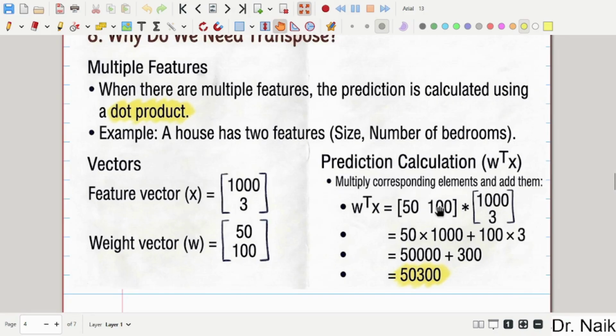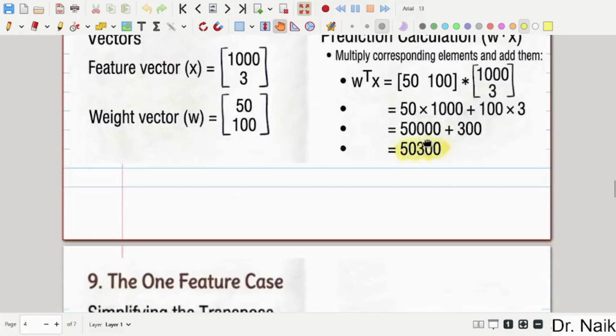Now W transpose is the row vector 50 and 100 multiplied by x, that is the column vector 1000 and 3. So 50 multiplied by 1000 plus 100 multiplied by 3 will give 50,000 plus 300, that is W transpose x is 50,300.